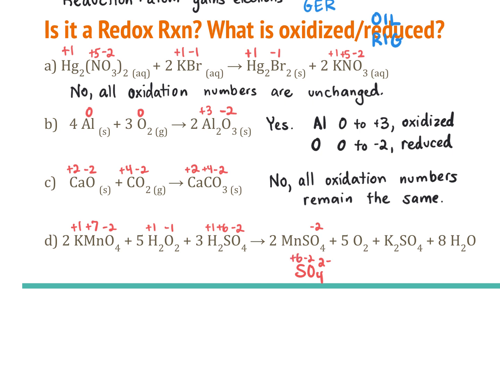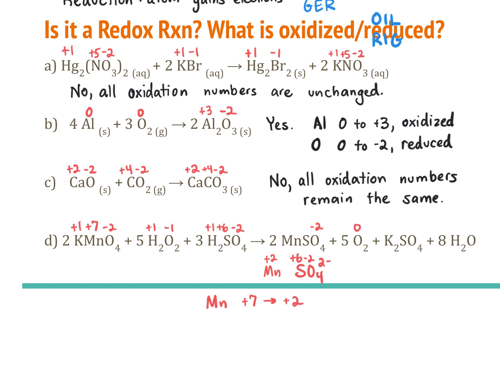And since the sulfate polyatomic ion's overall charge is -2, and we just have that paired with the manganese, manganese has to have an oxidation number of +2. So it looks like manganese did have a change in oxidation number. Manganese went from +7 to +2, so something to keep an eye on.